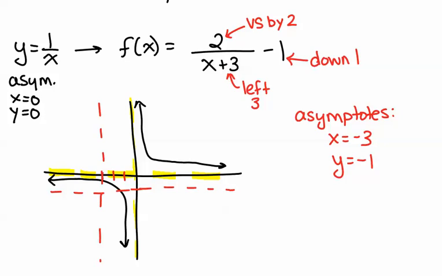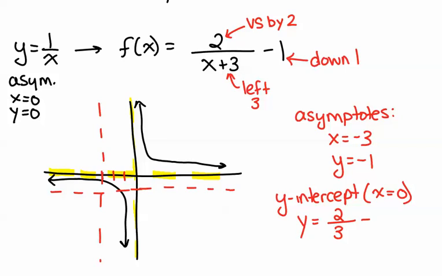And then when we sketch our graph, we know it's got a vertical stretch of 2, but that matters a little bit less. Some things you could do to try to get a more accurate graph would be the y-intercept, where x is always 0. By subbing 0 in for x, you'd get 2 over 3 minus 1, which is 2 over 3 minus 3 over 3, which equals negative 1/3.